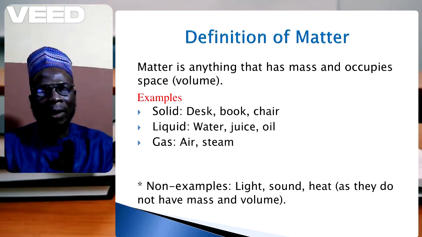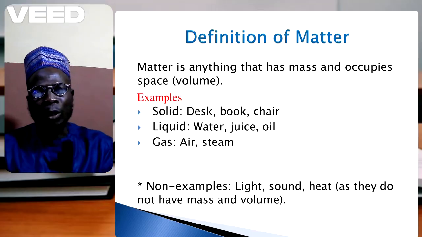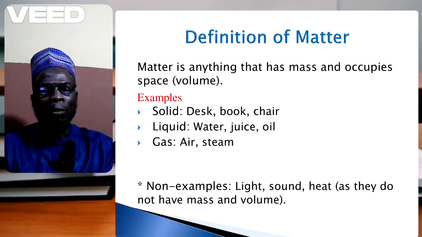So look at your surroundings now. Àwọn nǹkan tó bá rí níbẹ̀ tó lè fọ́ touch tó rí physically báyìí tó sì lè gbámú tó sì rí pọ́ gbáàyè, òun là ń pè ní matter. The examples of matter are solid, liquid, and gas.